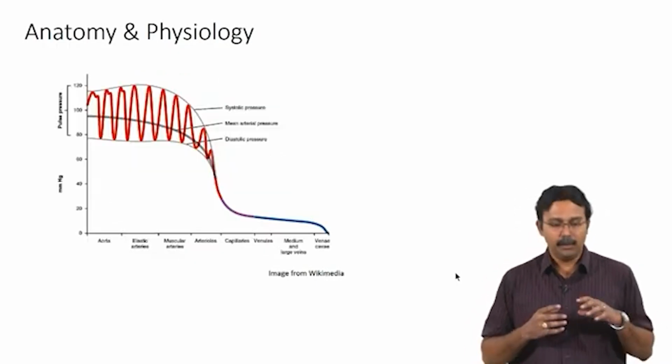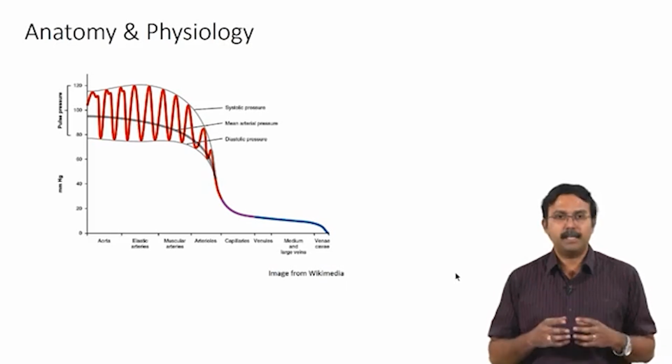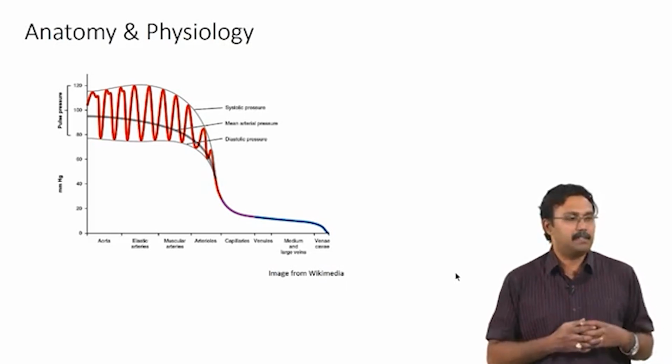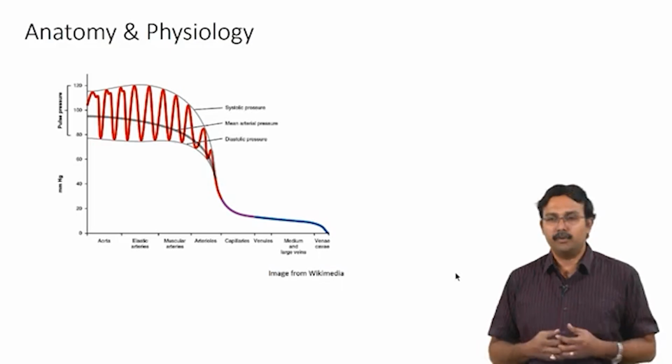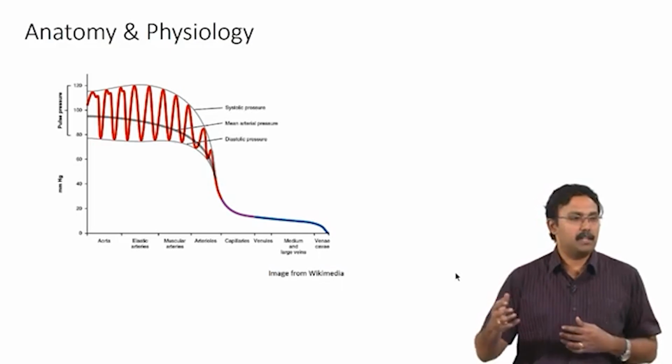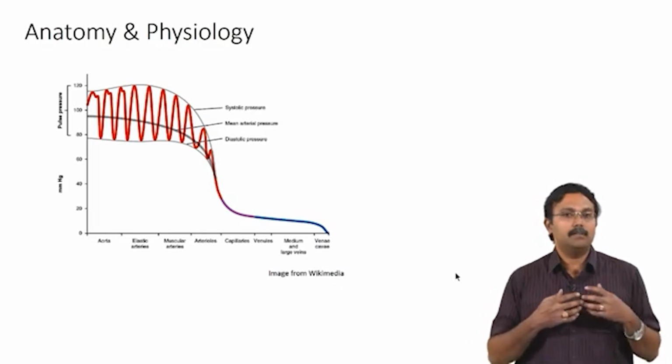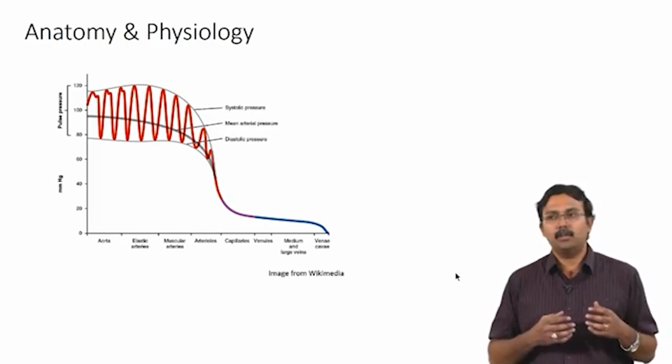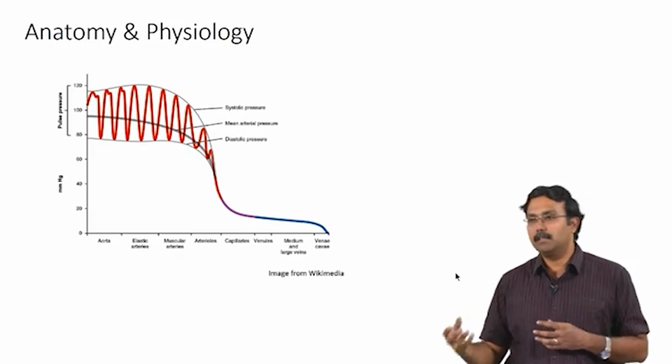Okay. So, if you were to look at the pressure which these blood vessels experience, it is not uniform. It is not just that you have systolic and diastolic pressures; the pressure also varies based on which blood vessel you are looking at.